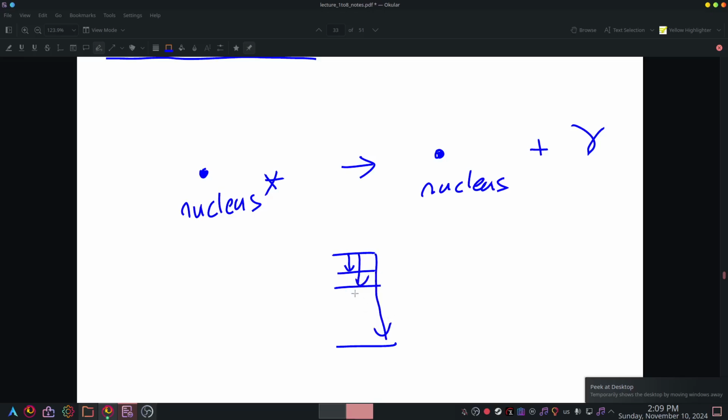And from these levels, it can further drop down to what we call the ground state. Any of these transitions are possible, so you don't just emit a gamma ray of one single energy. It depends how excited the nucleus is, and that will determine the energy of the gamma ray output based on those fixed energy levels.